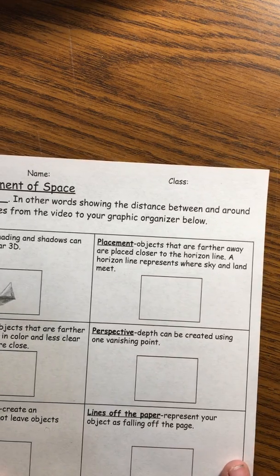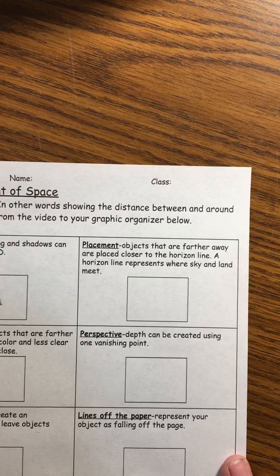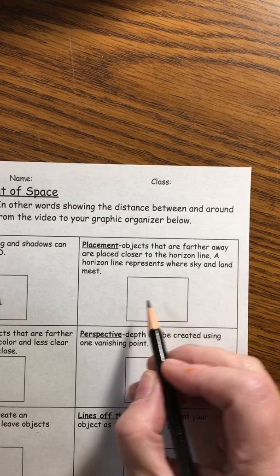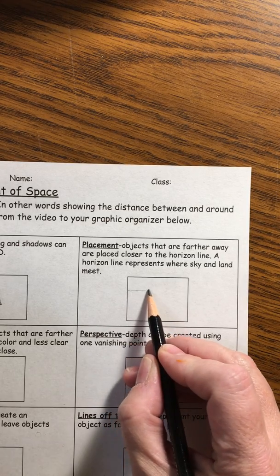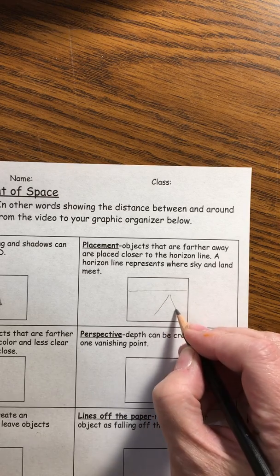Okay, the next one is how you place your objects. Objects that are farther away get closer to the horizon line. And horizon line is an imaginary line where the sky and the land meet. So I'm going to start by drawing my horizon line back here in the back. So I've got this one triangle.